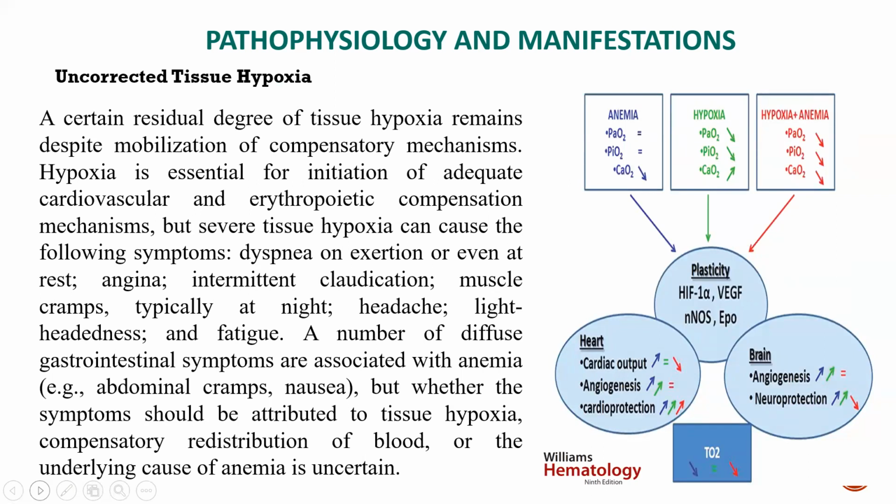Hypoxia is essential for initiation of adequate cardiovascular and erythropoietic compensation mechanisms, but severe tissue hypoxia can cause the following symptoms: dyspnea, exhaustion, even at rest angina, intermittent claudication, muscular cramps, typically at night, headache, lightheadedness, and fatigue. A number of diffuse gastrointestinal symptoms are associated with anemia, but whether these symptoms should be attributed to tissue hypoxia, compensatory distribution of blood, or the underlying cause of anemia is uncertain.